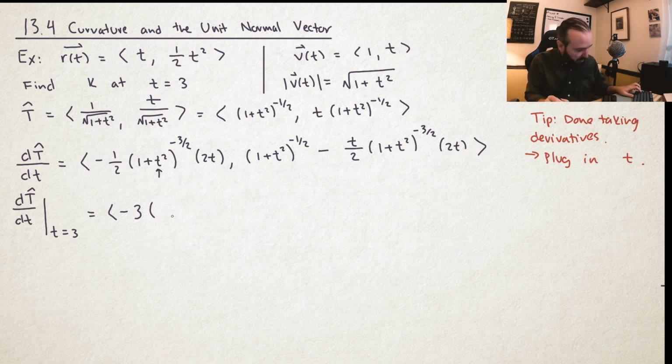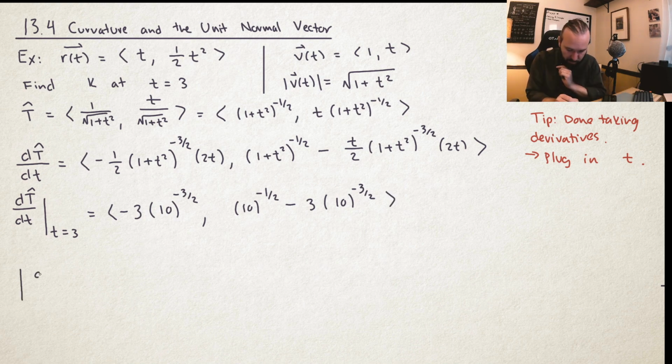Hopefully you can see on the inside, this will be 10 to the negative 3 halves power. Now all of this right here, I'm going to have 10 to the negative 1/2 power, minus, now those are going to cancel right there, so I'll have 3 times 10 to the negative 3 halves power. So now I need to do the magnitude of dT/dt at time 3.